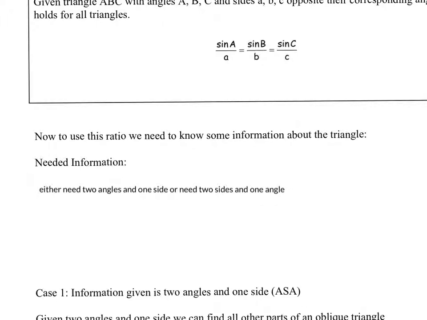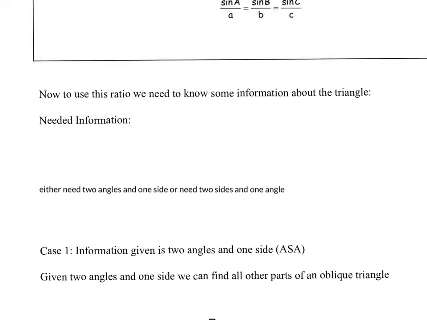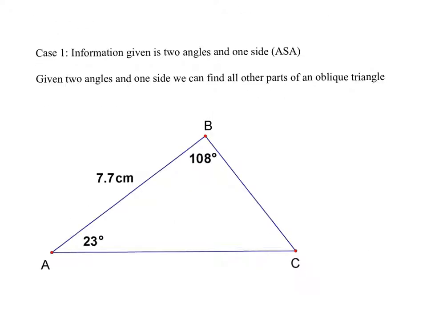Let's start with probably the easiest case to use the law of sines, and that is when you are given two angles and one side. This would be where the side is between the two angles, also known as angle side angle if we were dealing with similarity. Given two angles and one side, we can find all the other parts of our oblique triangle.